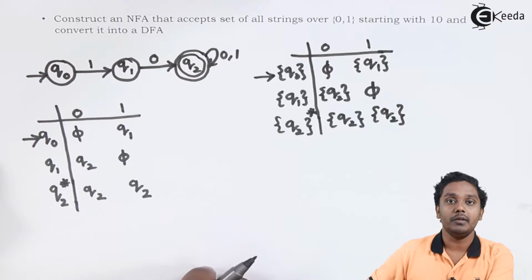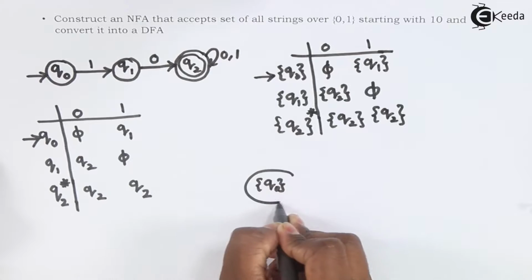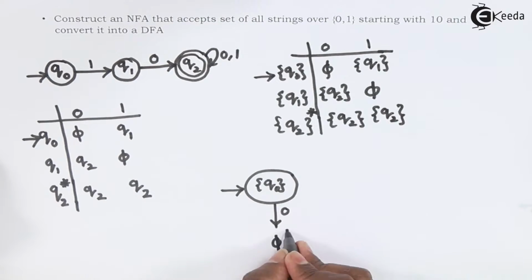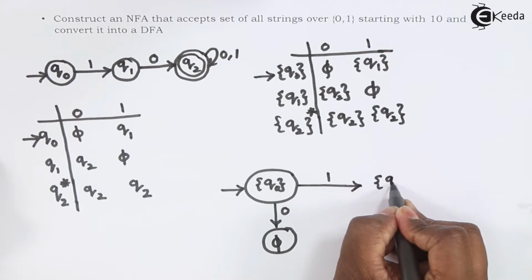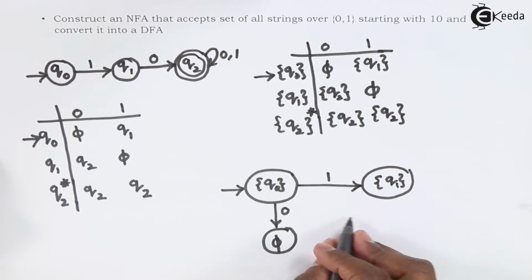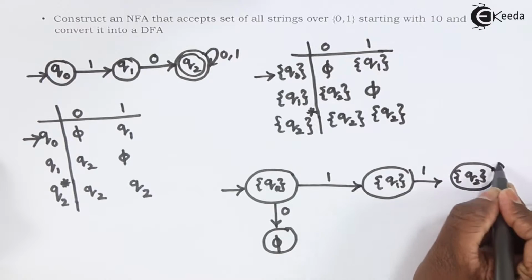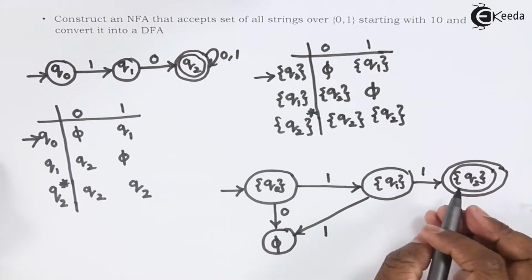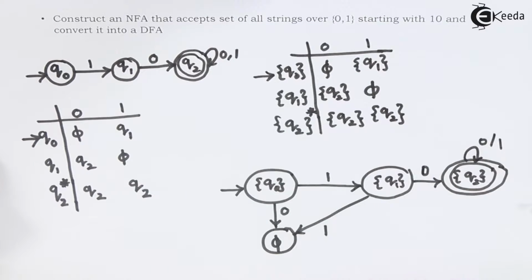Let us try to draw the DFA using the table. We can see the transitions in the DFA now.